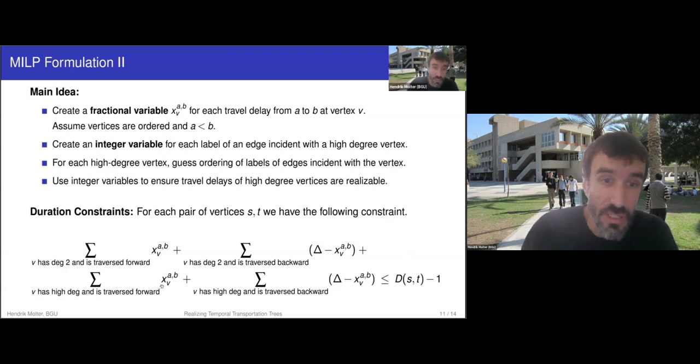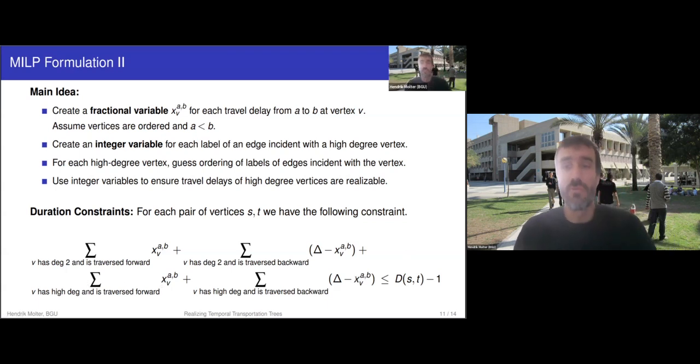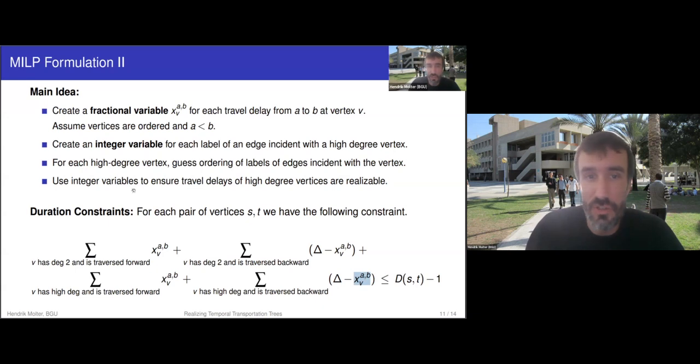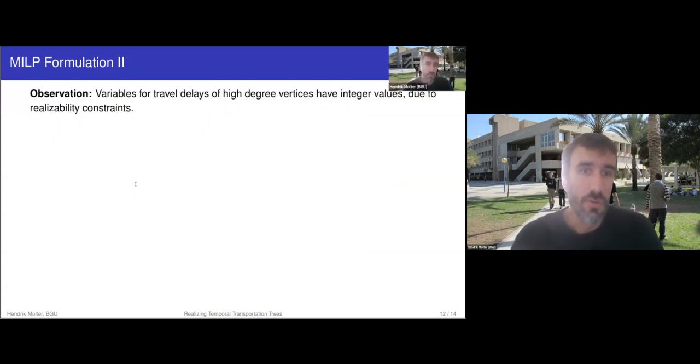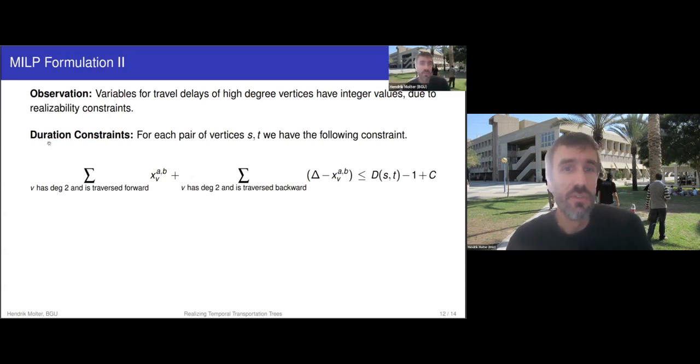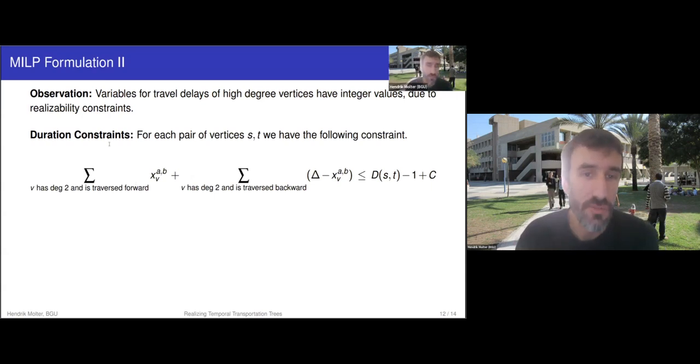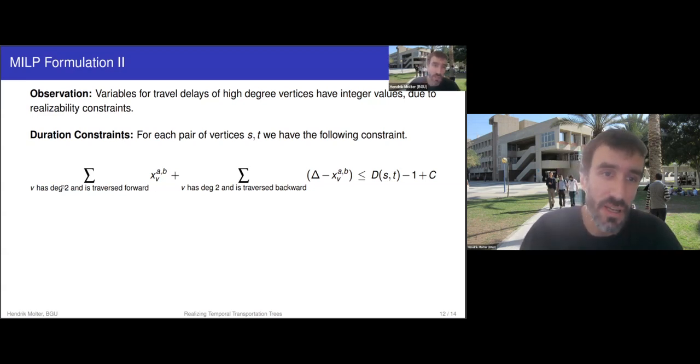But we know essentially that the second part here, we know that those values are going to be set to integer values because of the constraints we introduce to deal with the travel delays at high degree vertices. So basically, the duration constraint, if we treat all the integer variables as constants, simplifies to something like that.